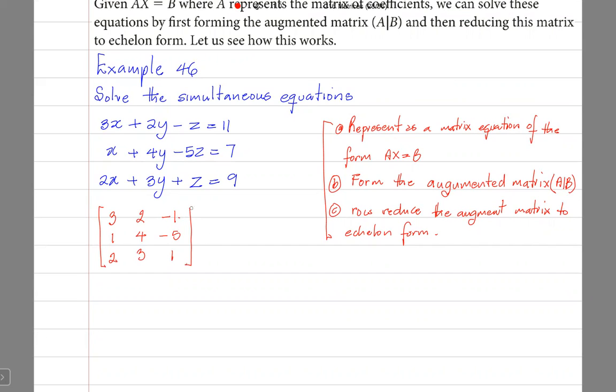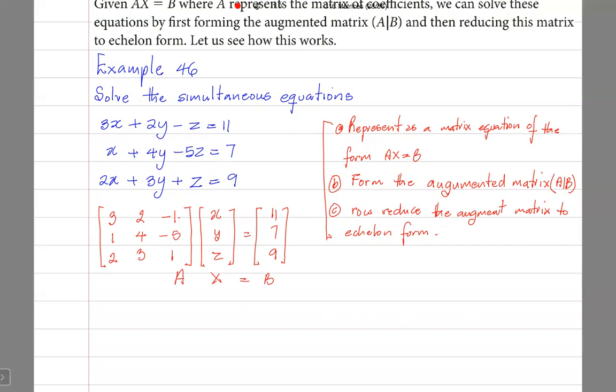So that's A, which is the matrix of coefficients. Then we have X, Y, and Z. And this is equal to whatever is on the right, 11, 7, and 9. All right, so now this is the form AX is equal to B.